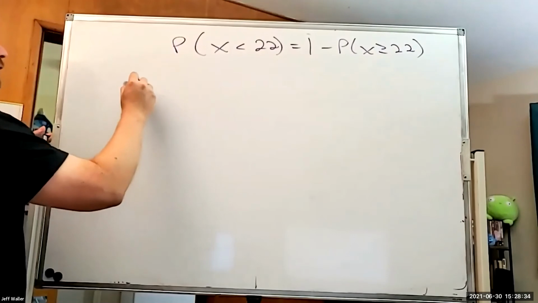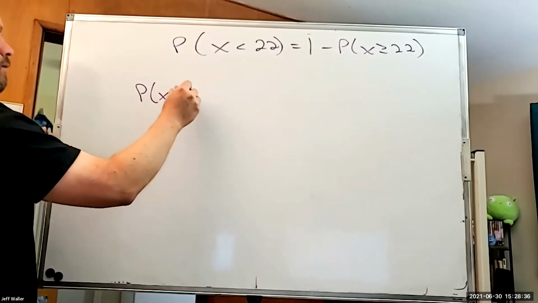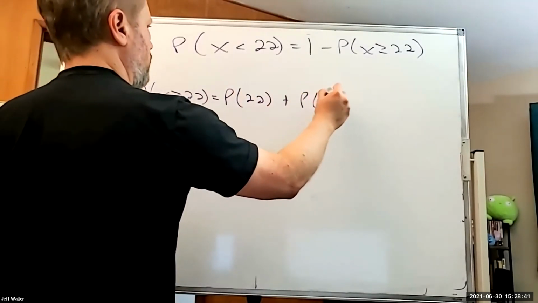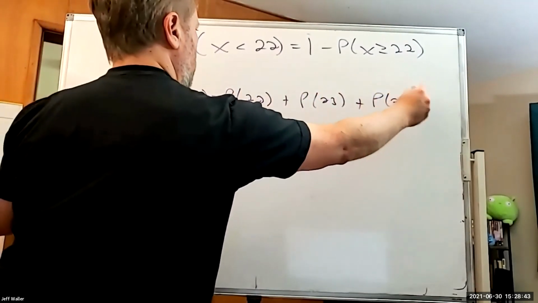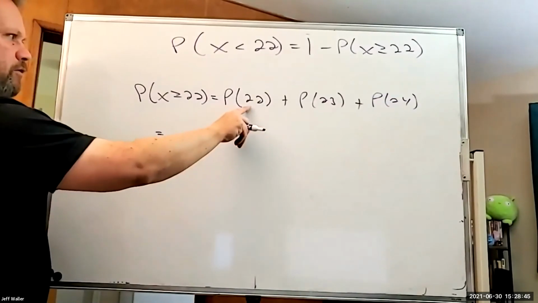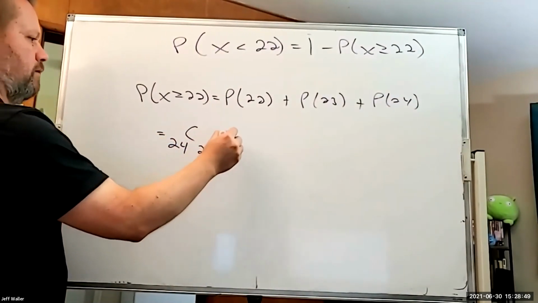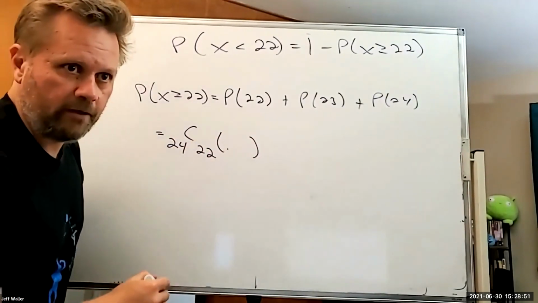So if we just focus on this, this is the probability of 22 plus the probability of 23 plus the probability of 24. So that is that formula.